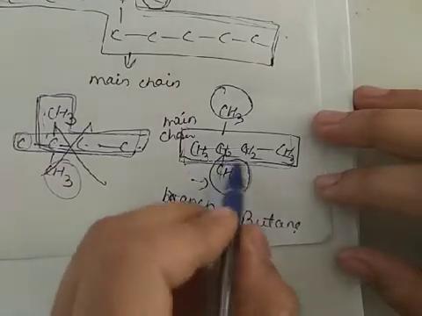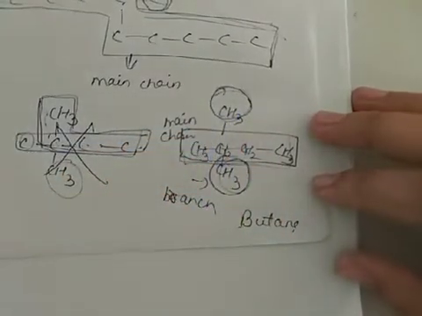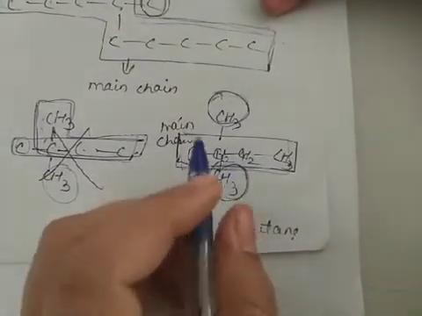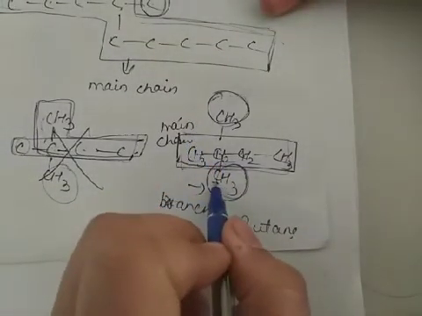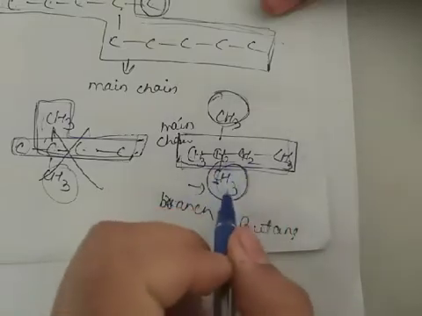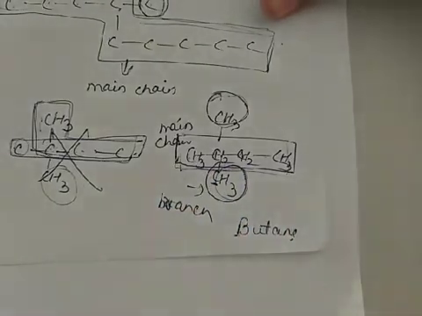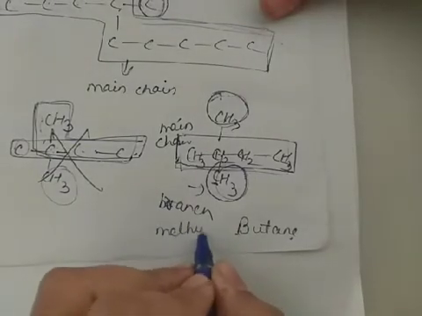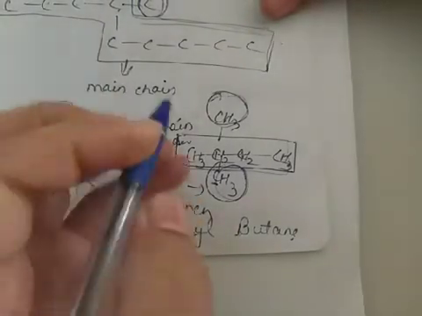Now how will we write these branches? These branches will be written as prefixes, right? So instead of methane it will be methyl. It will become a branch.